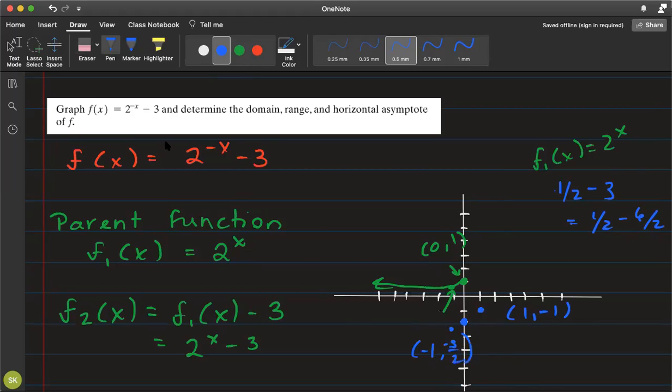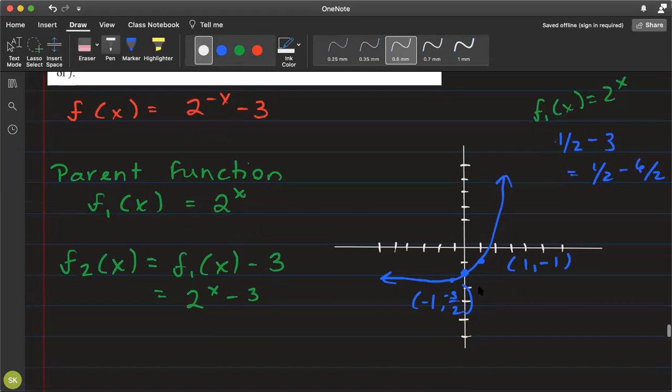Then I'm going to draw this graph that looks very similar. And notice that my asymptote also moved down 3 units. The asymptote was originally y equals 0, but now it's going to be y equals negative 3.